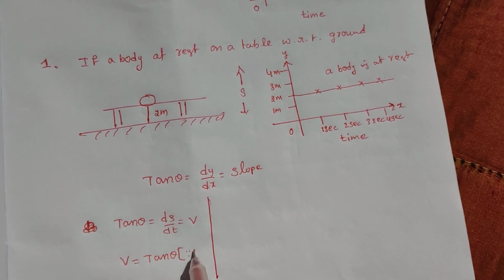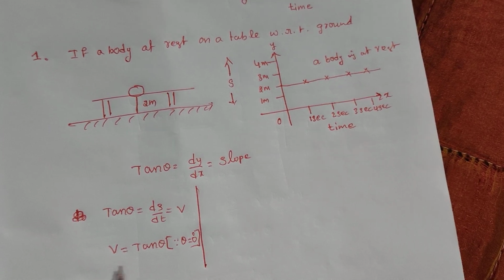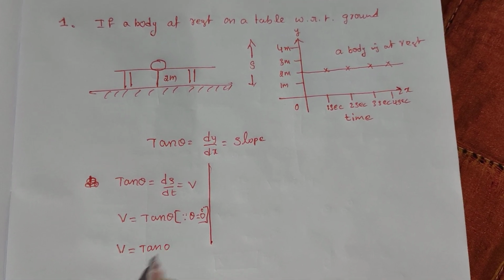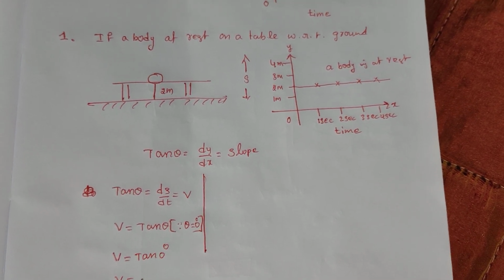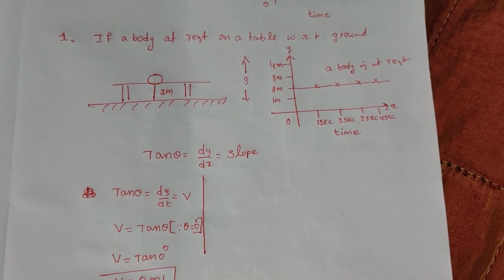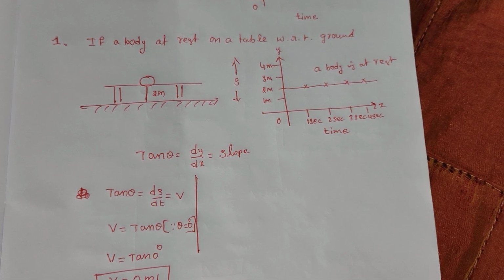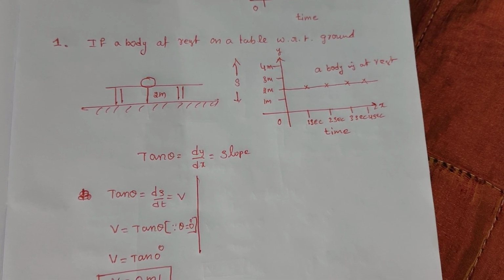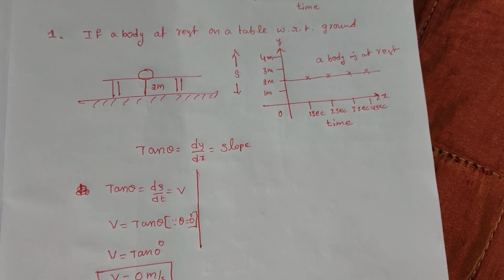Slope angle theta equal to 0 degree. Substitute: v is equal to tan 0 degree. Tan 0 degree value, how much? 0. Therefore velocity is equal to 0 meter per second. Then the body is at rest. Yes or no? Therefore the body is at rest.